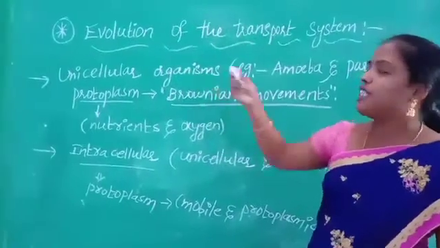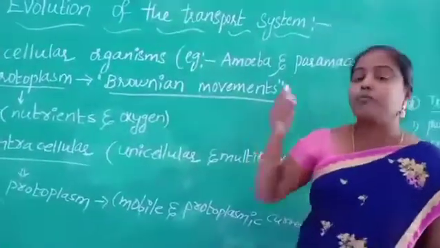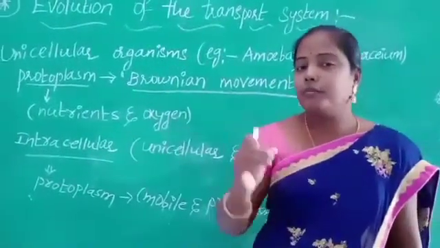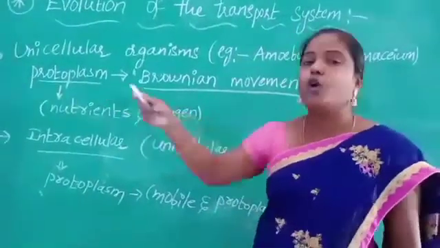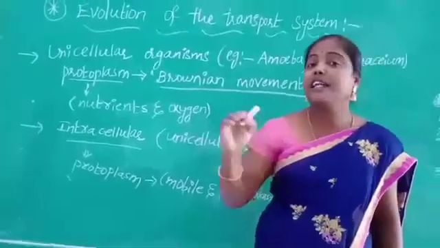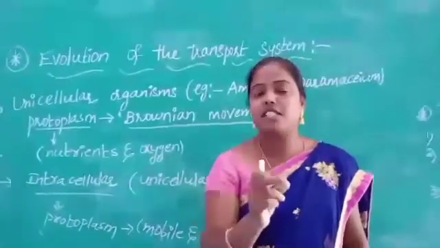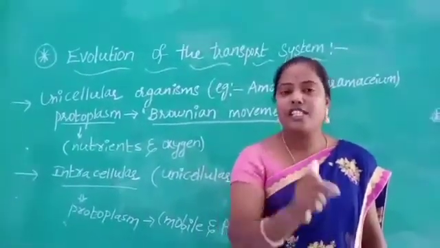So the unicellular organisms like amoeba and paramecium contain an outer membrane called protoplasm. Children, what is the difference between protoplasm and cytoplasm? The cytoplasm is a jelly-like substance which is present inside of the cell.